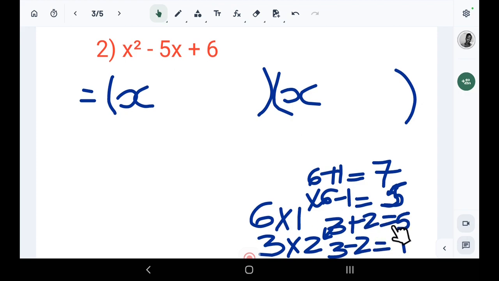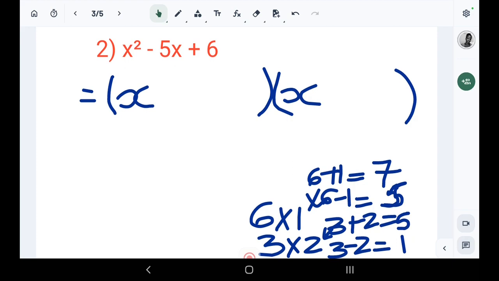Now, as to which one is the correct one, we know that in the middle term we've got a negative number, but in the last term we've got a positive number. That means whatever factors you multiply together must both have negative signs. So when you've got a plus in the last term and a negative in the middle, whatever terms you have here must be negatives.